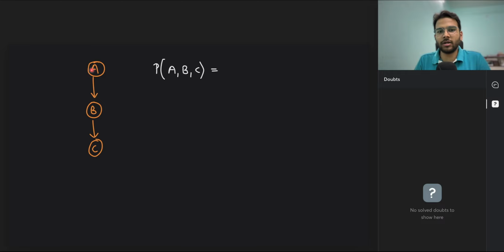I know that A is not conditionally dependent on anyone, so we can write probability of A multiplied by, what about B? B is conditionally dependent on A, so we can write it like this. And what about C? Actually, we can write probability of C given B and A.